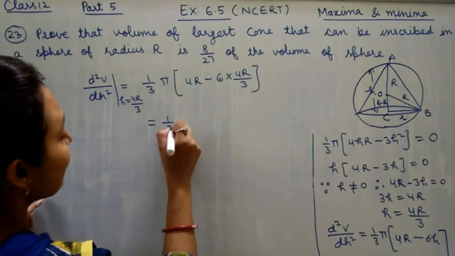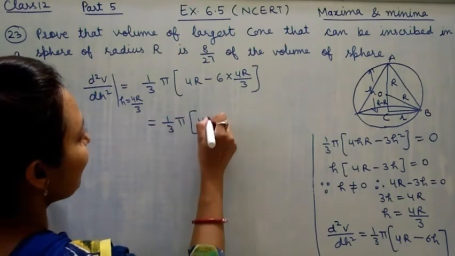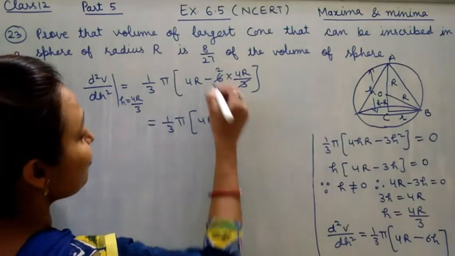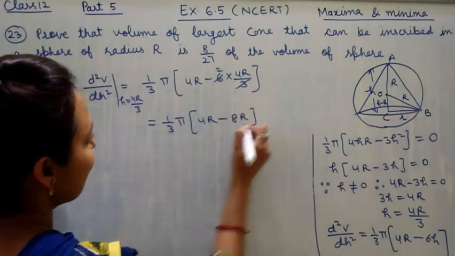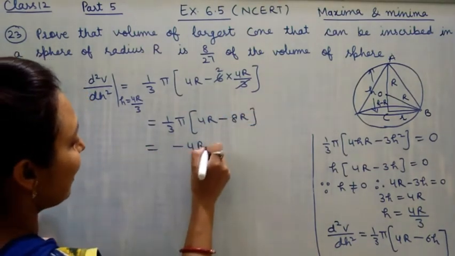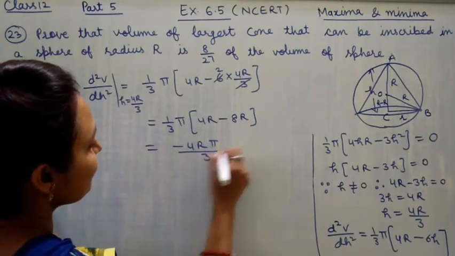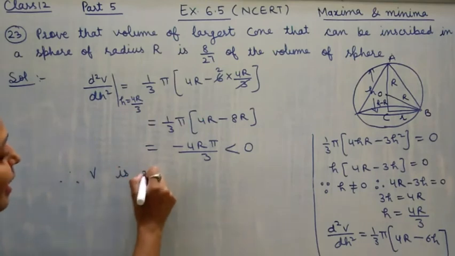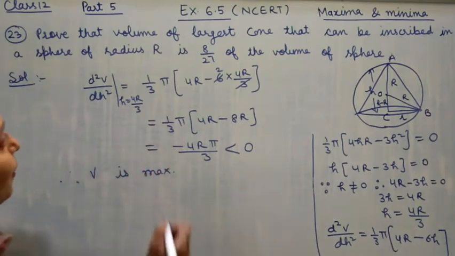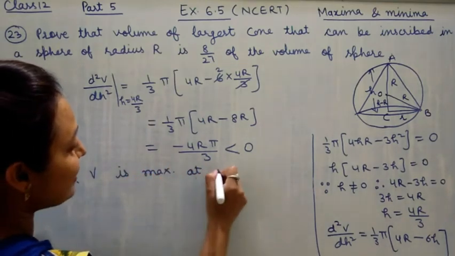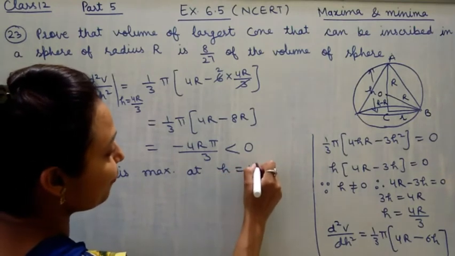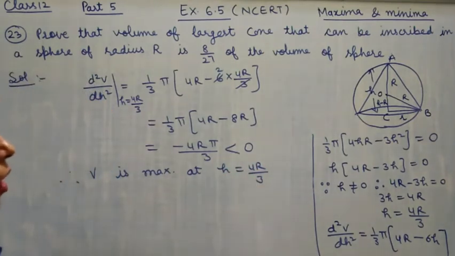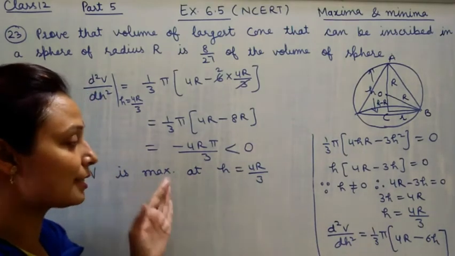After solving, 3 2s are 6, 4 2s are 8R, that is negative 4Rπ/3. This is less than 0. Therefore, volume is maximum at h equals 4R/3. So this is the way of the solution of this.